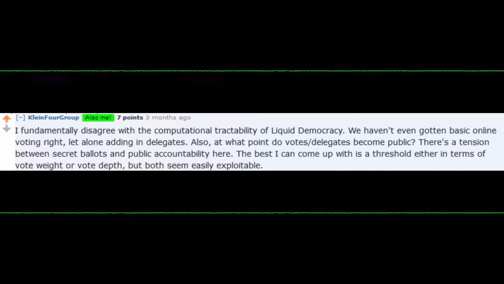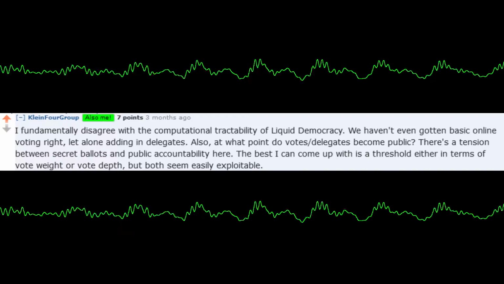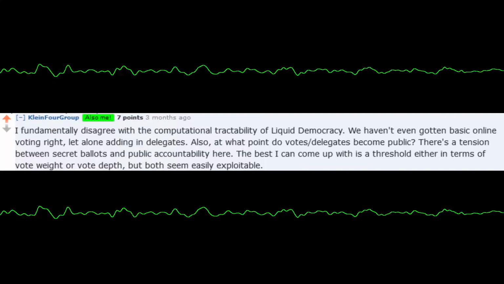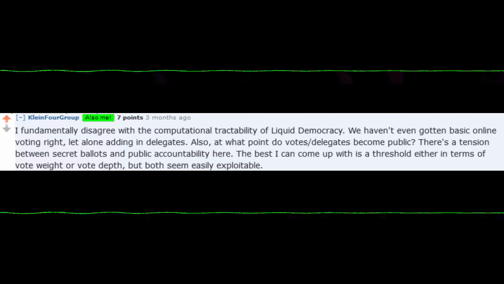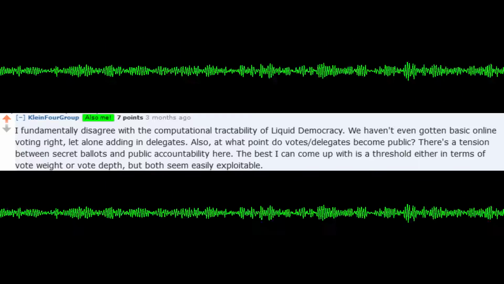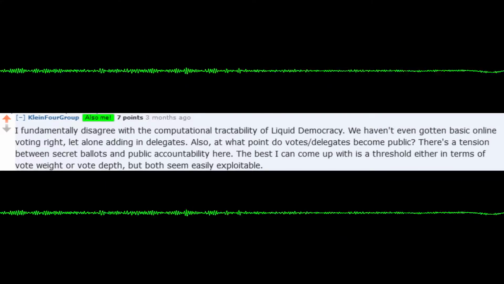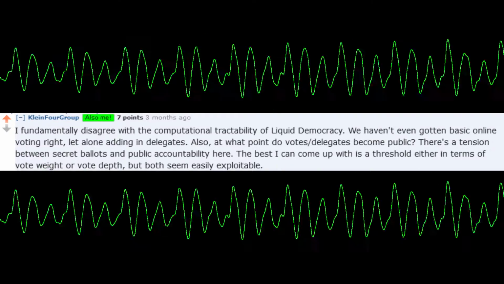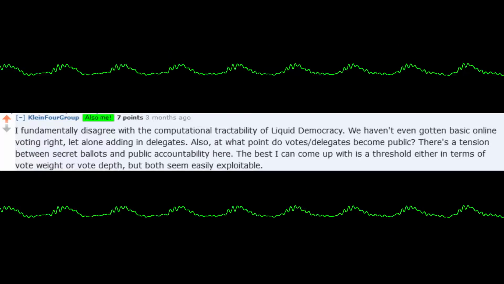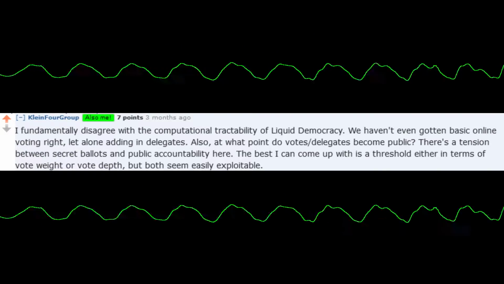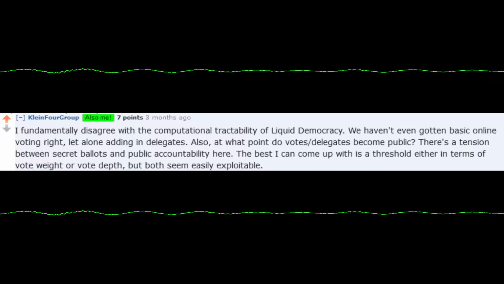secret ballots. I think we all agree that public accountability is a pretty important part in any setup of a democratic system, and as such, just about every proxy would have to have their vote recorded.